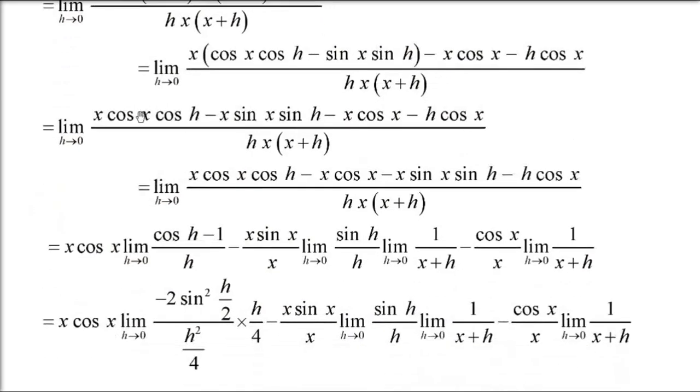Inside, now x cos x, take common from this and this one. So x cos x you can take common. You get cos h minus 1 by h. I'm taking x cos x common from here. So x cos x, you have cos h minus 1 by h. Now you already have an h, x plus h. We'll deal with them later.